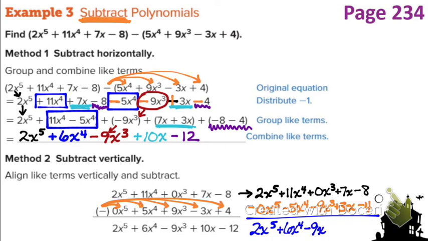Yep, negative 9x cubed. You're absolutely correct, sir. 7x, 3x, 10x. Negative 8 minus 4, negative 12.